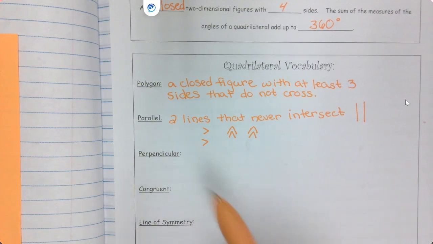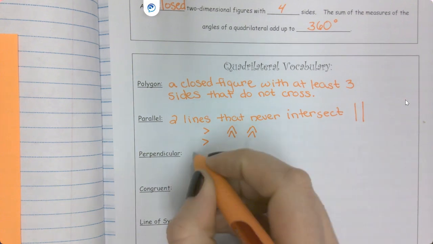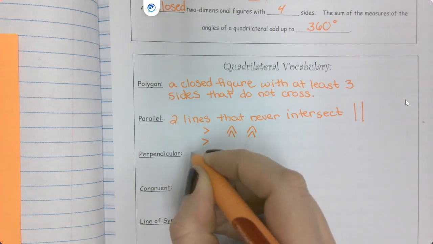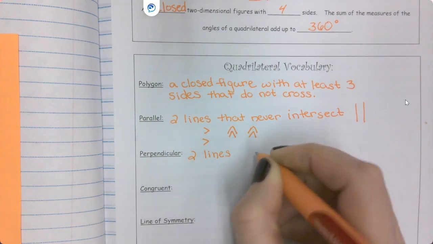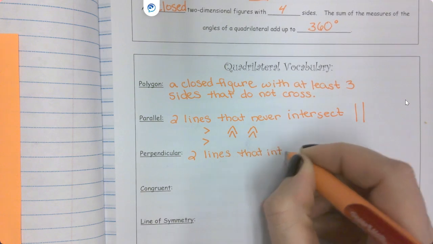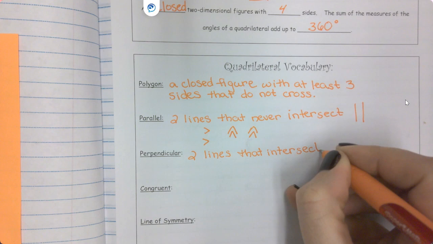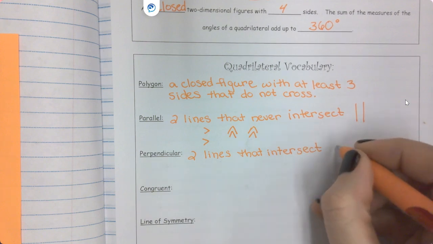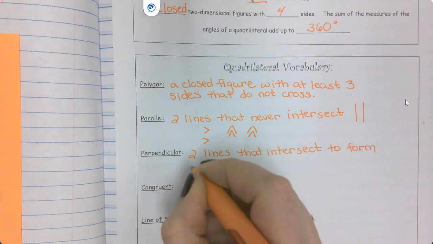Now kind of the opposite of parallel is perpendicular. So these lines not only cross, but they intersect at a specific angle. So lines that are perpendicular, it's two lines that intersect or cross to form right angles.